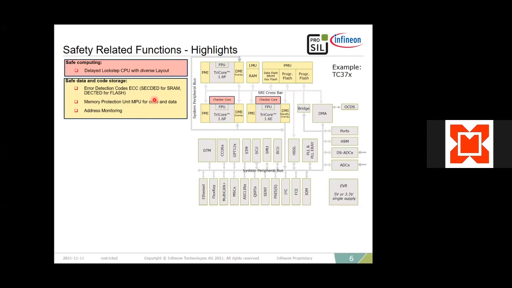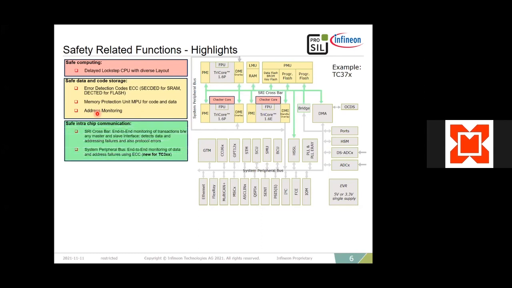Whenever there is an ECC error in the memory, these safety mechanisms detect it and also store it in the error tracking registers. There is also a memory protection unit to avoid any unauthorized access to the memories and the code. And also address monitoring is done for all these memories.